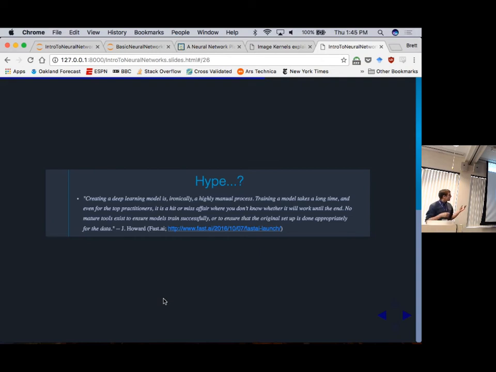So this guy's basically just talking about how even when you think you know what sort of deep learning approach you want to apply to a problem, it often ends up requiring a whole lot of manual fine-tuning of hyperparameters and things like that. Hyperparameters being things like the size of the model, the number of layers, the step size in the gradient descent, all those sort of things.